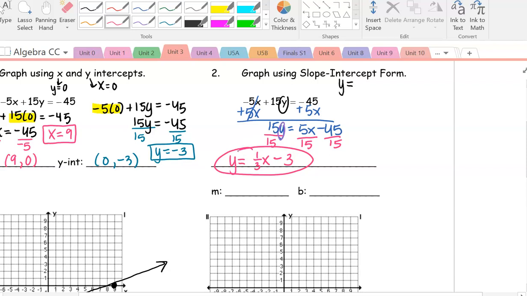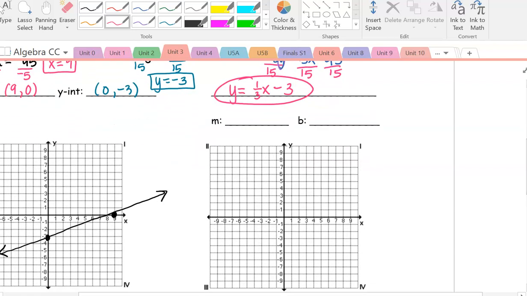We also would call that function form. So your slope, remember your m value, this is slope, is whatever is with your x or independent variable. So your slope is going to be 1/3. Your y-intercept or your b value is this guy right here. Make sure you put a 0, comma. Okay, so when we graph, we're always going to start at your y-intercept because the other name for that is your starting point.